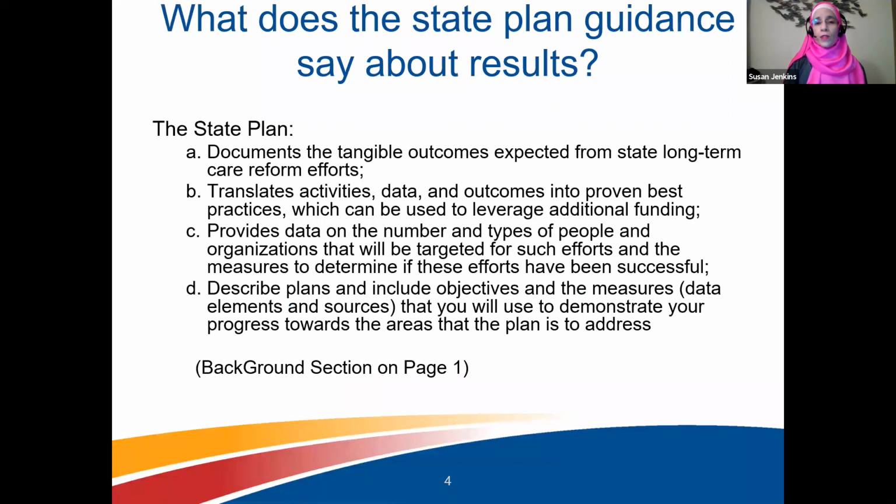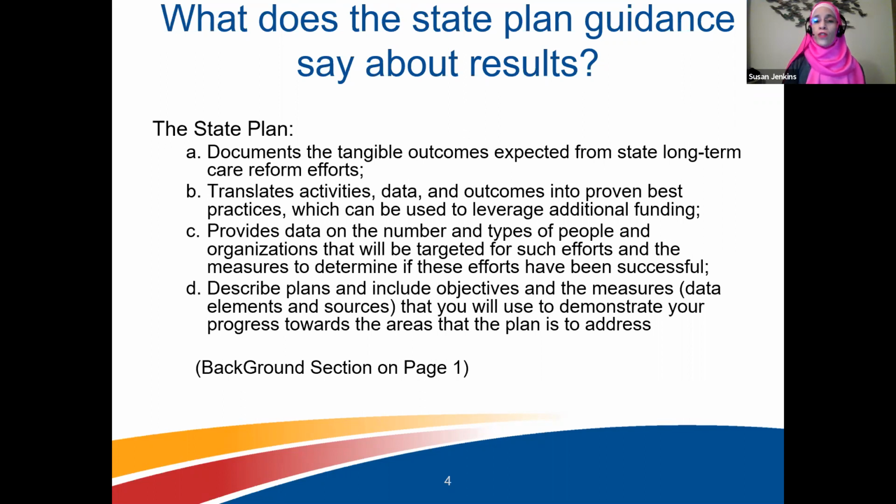So to think about specifically, what does the new state plan guidance say about results? It says a number of things. You are required to report on outcomes as part of the state plan process. The state plan is to document tangible outcomes.